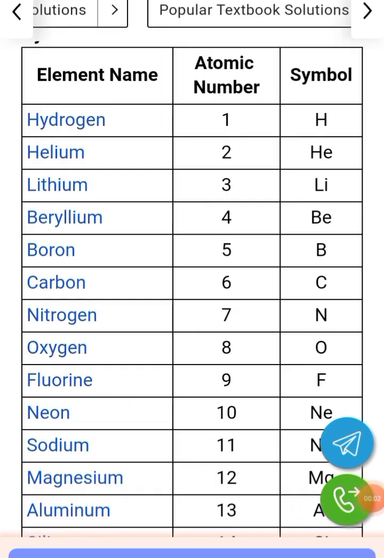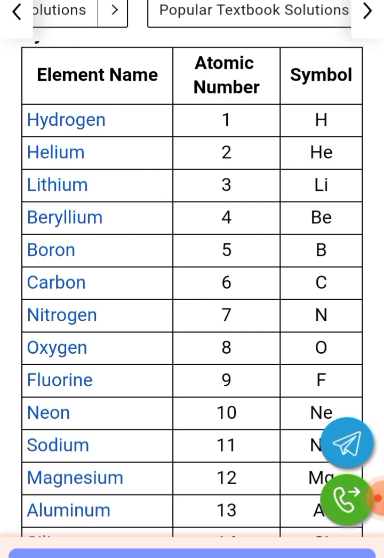All right, now let's get the elements and their symbols, all the elements we have in the modern periodic table. Some symbols follow their names, while others don't. For example, you can see the atomic numbers: number 1, 2, 3, 4, 5, 6, and so on to 118.